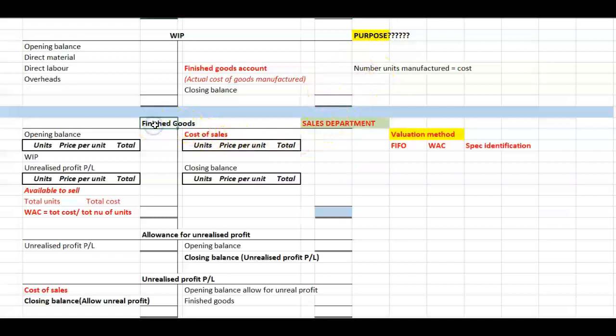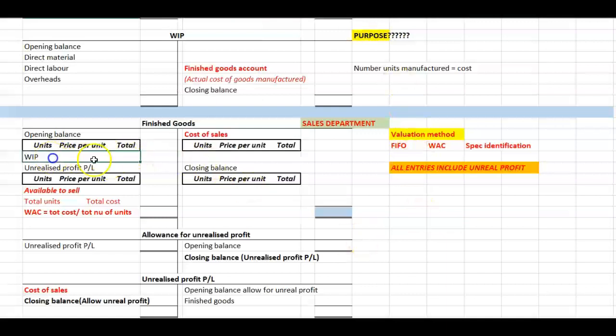So that means that my finished goods account, all the entries in that account include unrealized profit. Great.